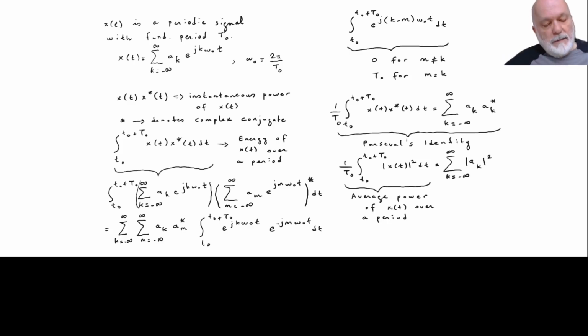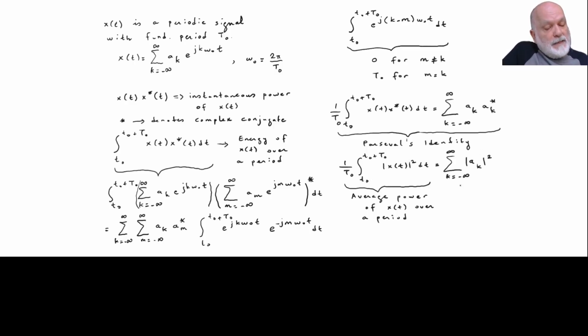Okay. Now, Parseval's identity is interesting. Since we have an equality, the left-hand side is equal to the right-hand side, obviously. So, the left-hand side is interpreted as average power of x of t over a period by means of this integration with respect to t over a period.